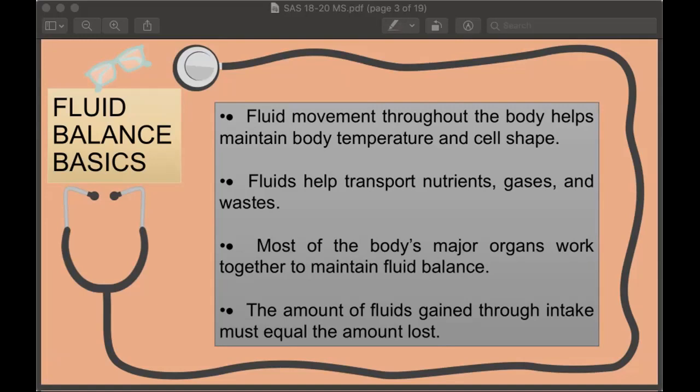Clear? And next here, most of the body's major organs work together to maintain fluid balance. It's because our major organs undergo a lot of metabolism. And the last one, the amount of fluids gained through intake must equal the amount of loss.